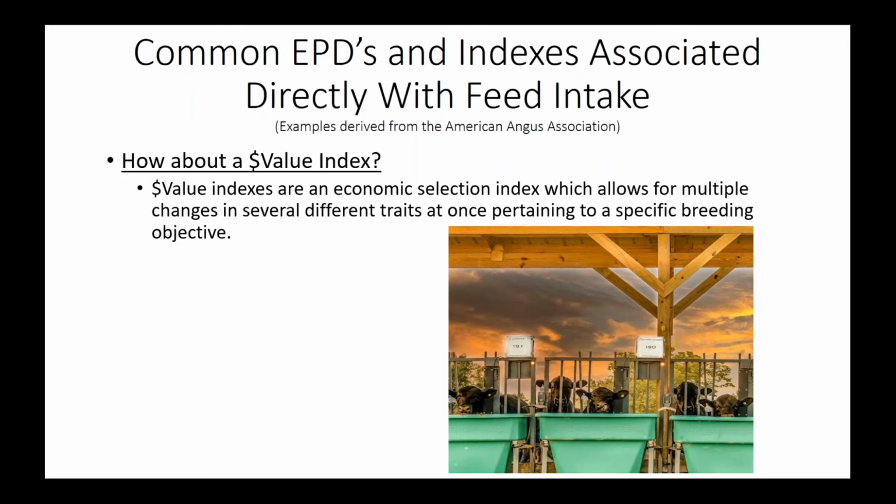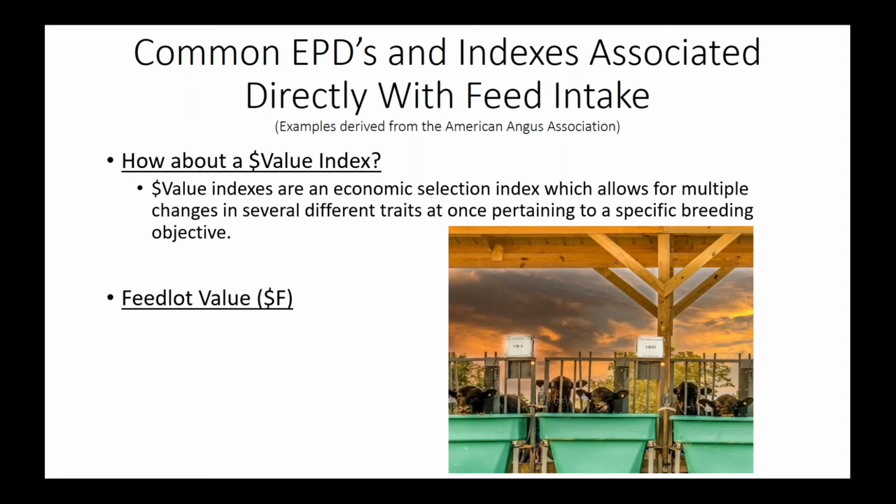One of the indexes available that account for feed intake as part of the calculation is feedlot value, or $F. Now, $F, along with the other dollar value indexes we will talk about today, is expressed as the difference in dollars per head, with $F specifically looking at these differences when predicting profitability in progeny due to genetics for post-weaning feedlot performance compared to the progeny of other sires.